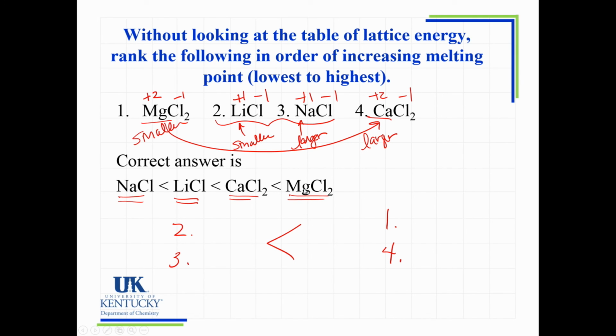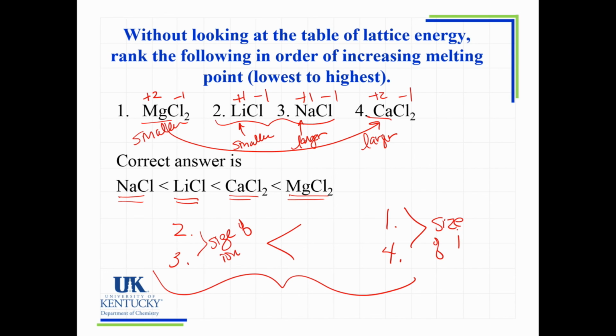Magnesium would have a greater lattice energy, and that is why I would put them in this order. So you first look at just the charges, then you fine-tune between these two by looking at the size of the ion.